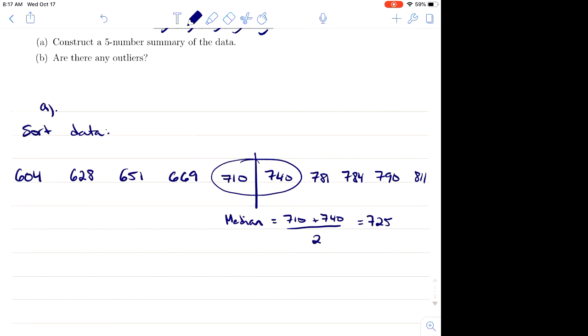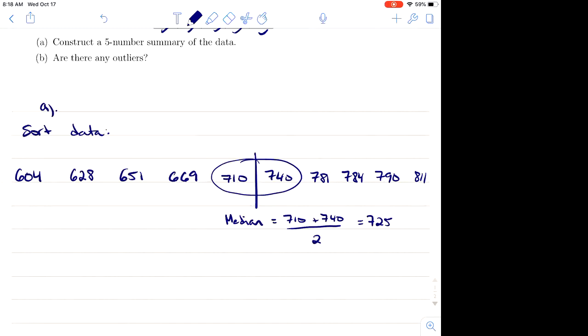So now we have to find our first quartile and our third quartile, and we do the exact same thing. The median is actually at the line. So the difference between when we've taken the average and actually used the number: if we've used the number as the median, we can't use it to find our quartiles. It's been used up already.